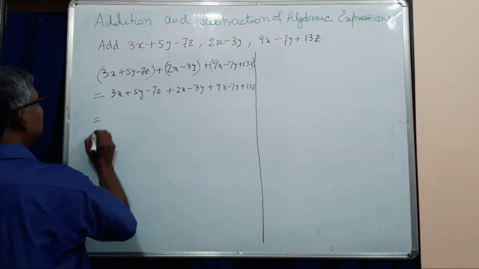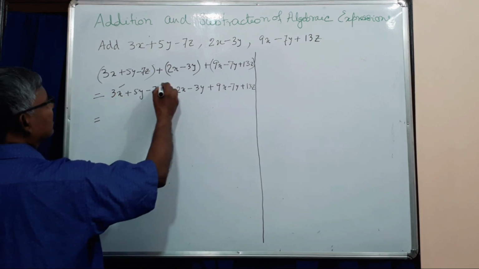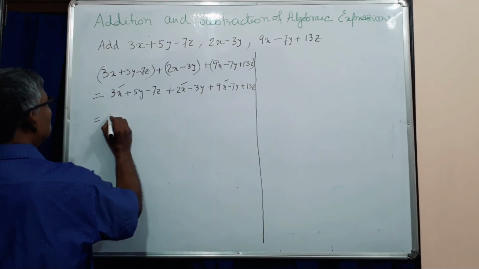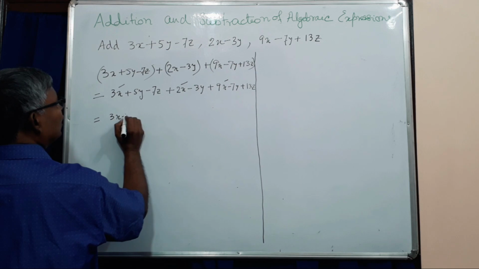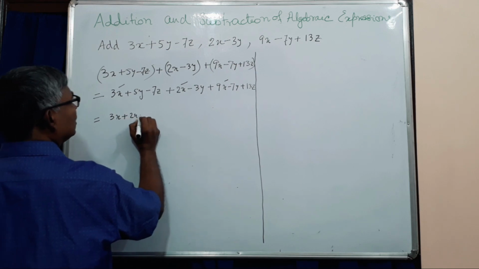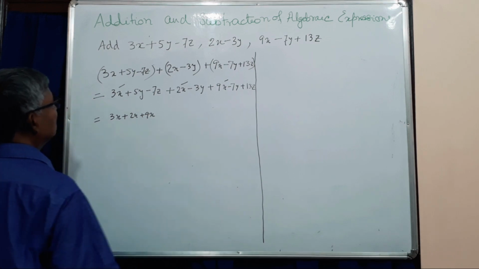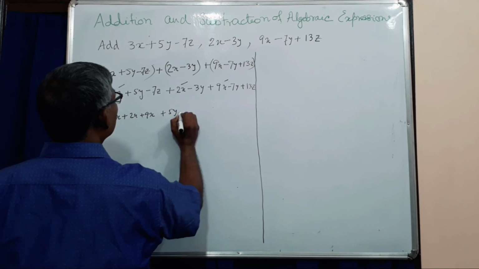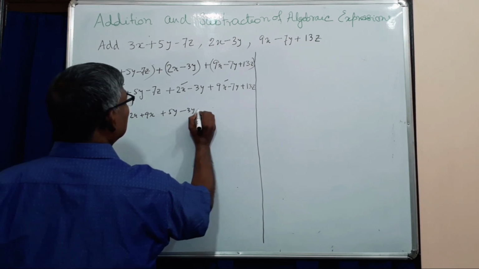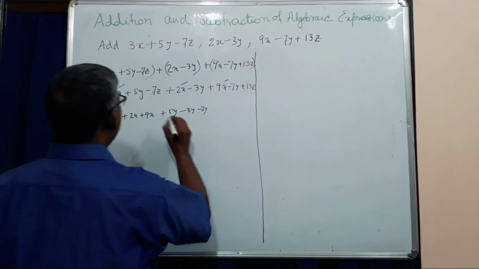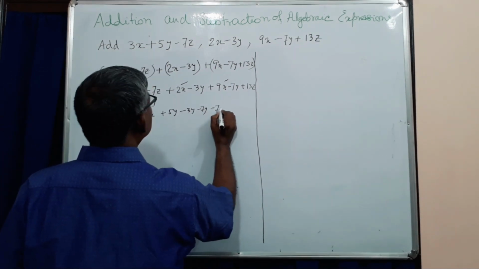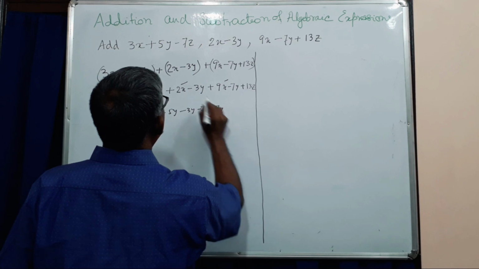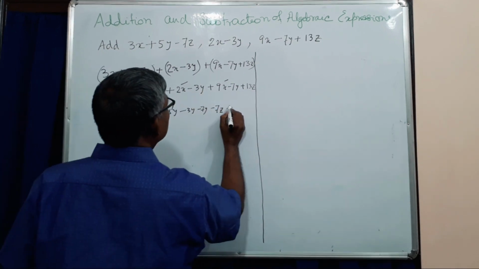Here x, x and x, these three are like terms. So 3x plus 2x plus 9x. Here we can write plus 5y minus 3y minus 7y and minus 7z, here no z, plus 13z.